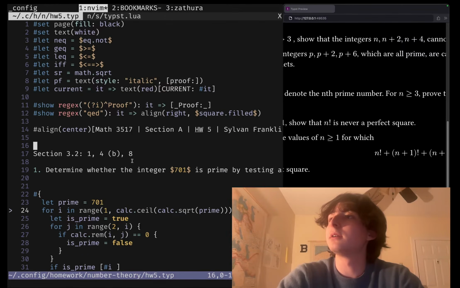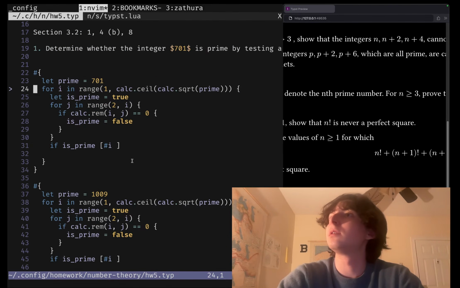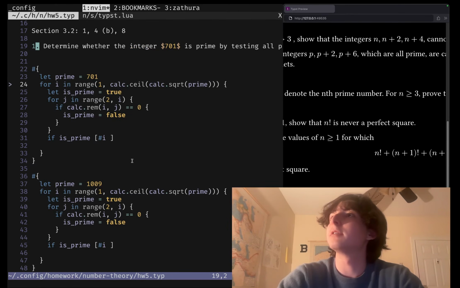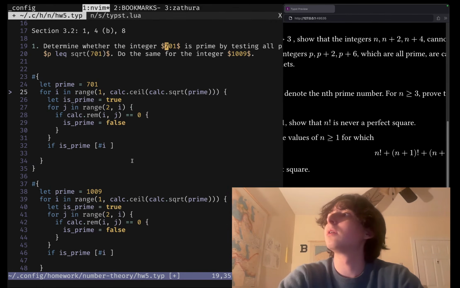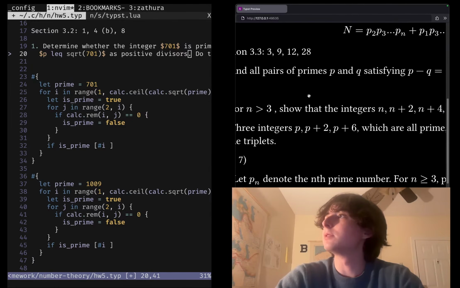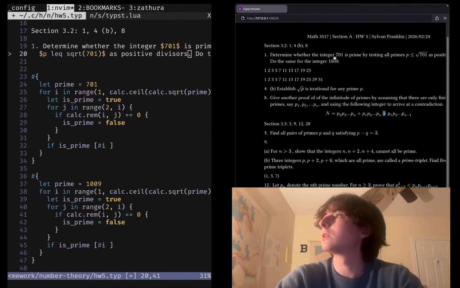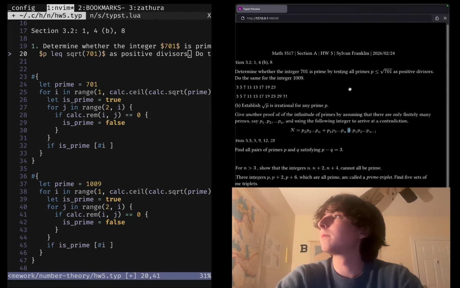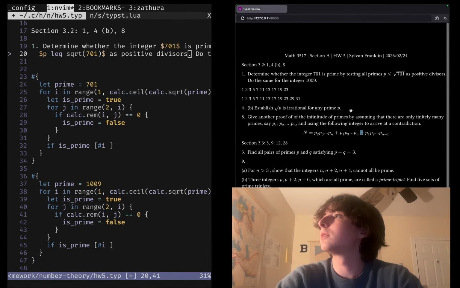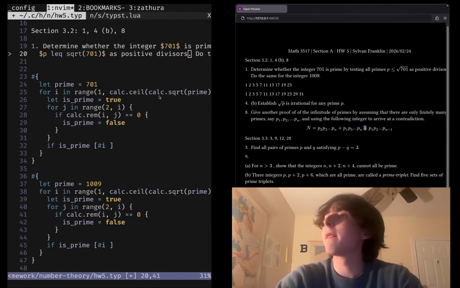Okay, by testing all primes as positive divisors. Doing math tired is a recipe for disaster. Okay.